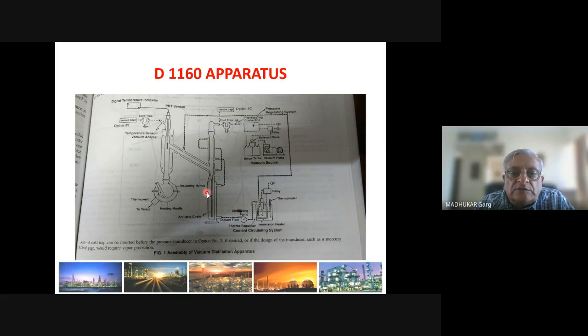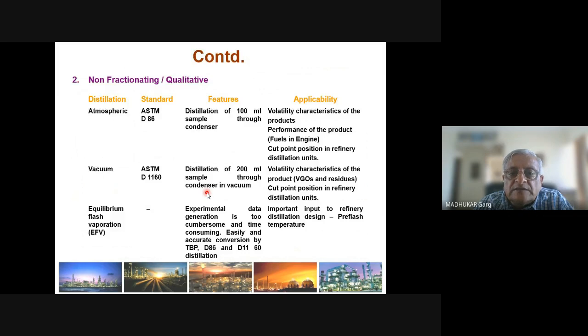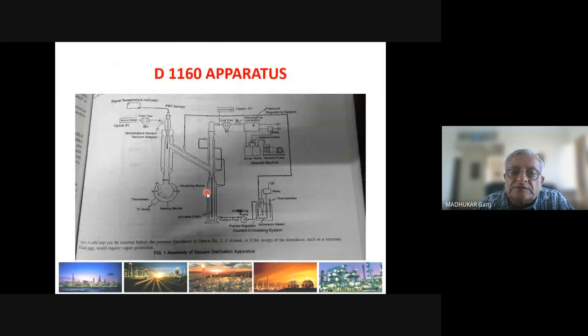But what happens is that when you do ASTM D1160, that is distillation under vacuum, or TBP, ASTM D5236, that is under vacuum, the data reported by the lab is not saying that at 10 millimeter Hg absolute pressure, this is the boiling range.